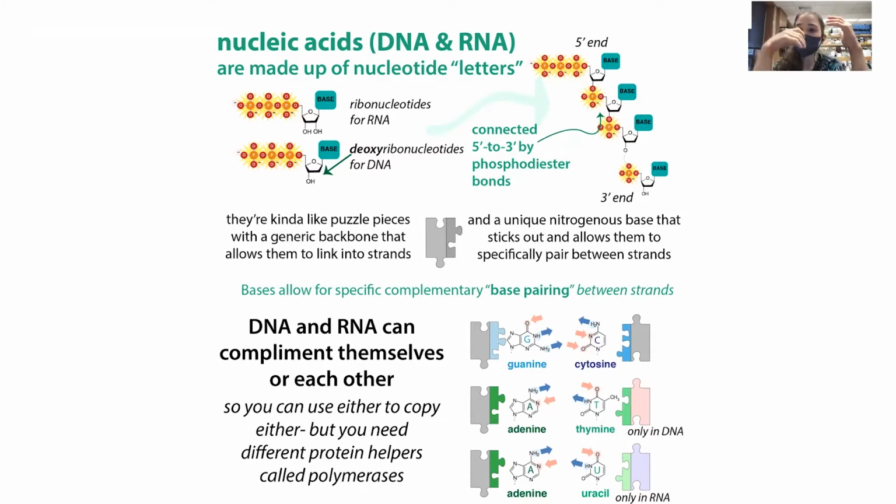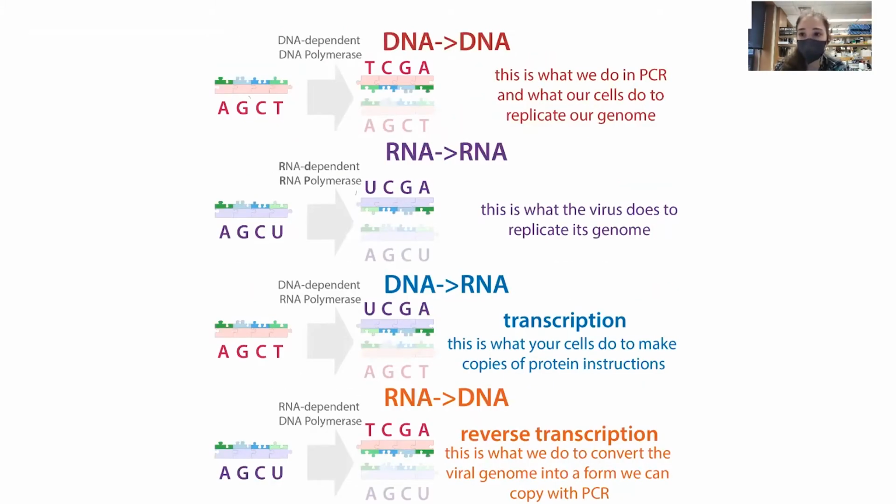The binding opportunities for hydrogen bonds, or H bonds, are going to be optimal when you have a G and a C, and when you have an A and a T, or an A and a U. Because of the specificity of the base pairing, you can use one strand as a template for making the other strand. And this makes DNA a really good source of storing genetic information.